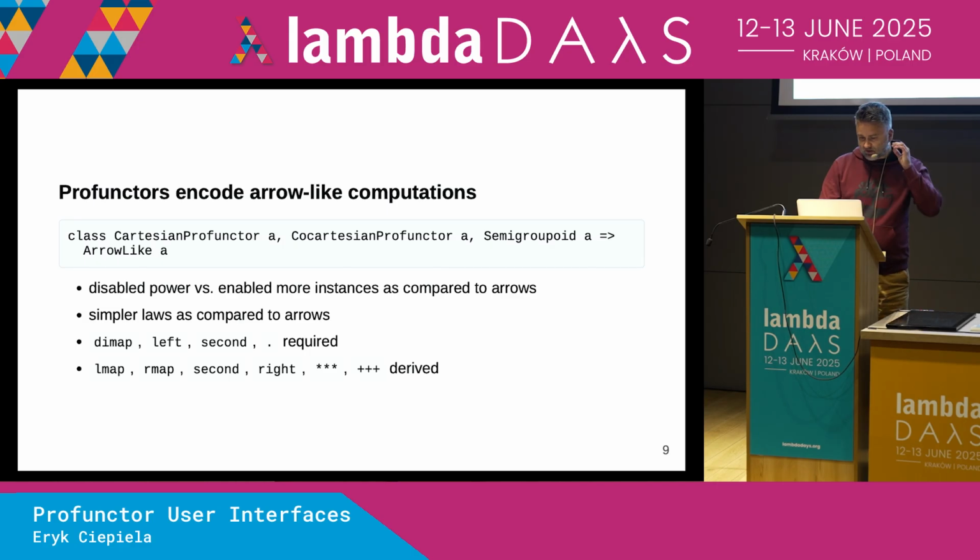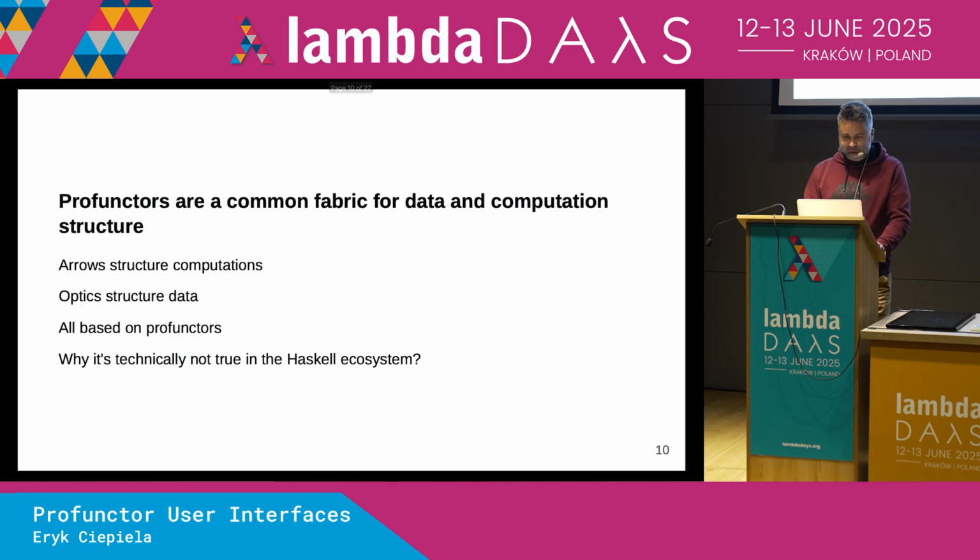So what we end up with is an arrow-like type class, which has some disabled power as compared to arrows, but has enabled more instances. And it for sure has simpler laws as compared to arrows. What is required is dimap, left, second and compose functions, and what can be derived is lmap, rmap, second, right, and fan operators known from the arrow type class.